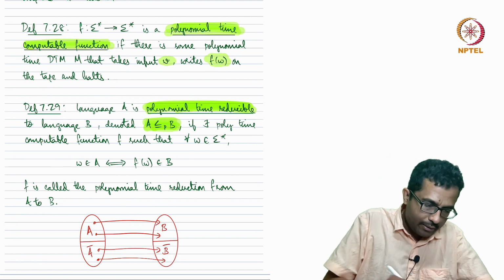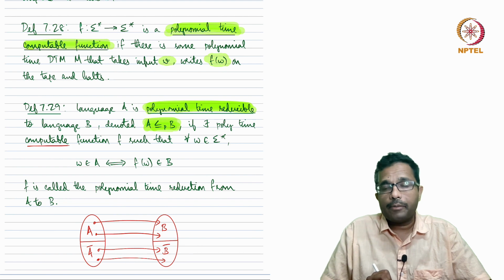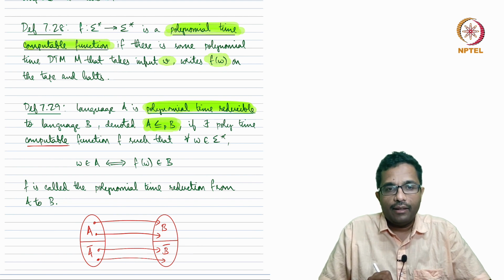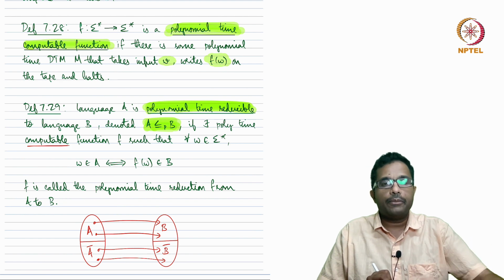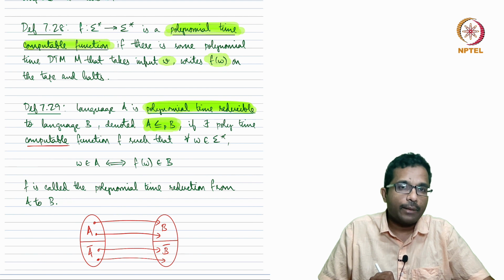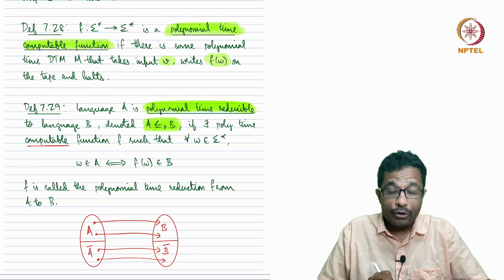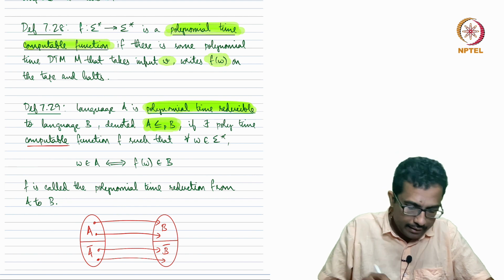This function should be polynomial time computable in the case of a polynomial time reduction, whereas in the case of mapping reduction, we just want it to be computable by some Turing machine. Here we are saying that it should be computable by a polynomial time Turing machine. And the rest is standard.